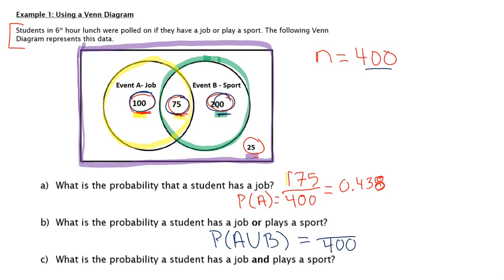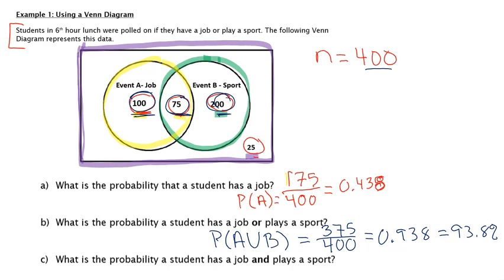If we add these three values up, it adds up to 375. Divided out, we get 0.938. So 93.8% of the students had a job or were in a sport.